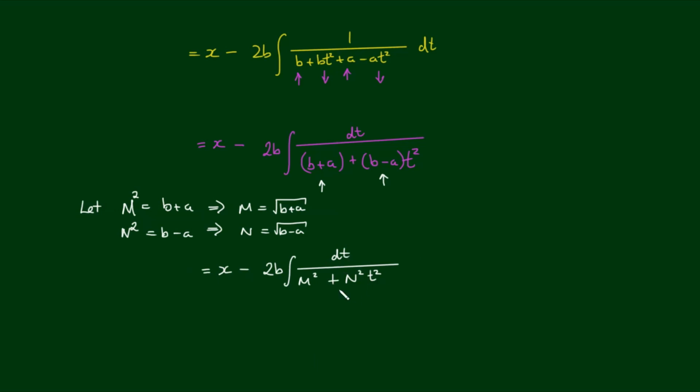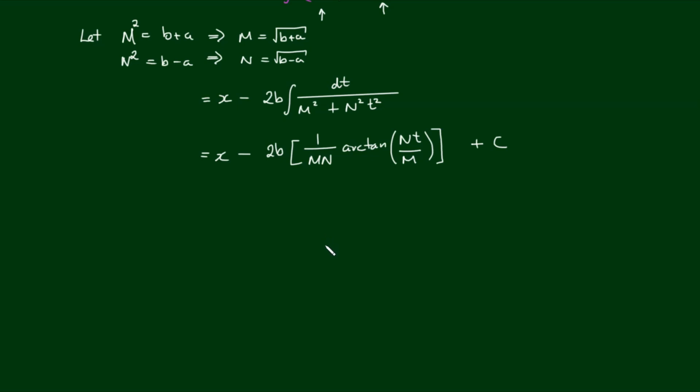And this integral here we found out in our last video, which I'll link in the description. The result of this integral is simply 1 over M times N, times the inverse tan of N times t over M. And because this is indefinite, let's not forget the integration constant plus c. And we also have the 2b at the front, and then the rest.